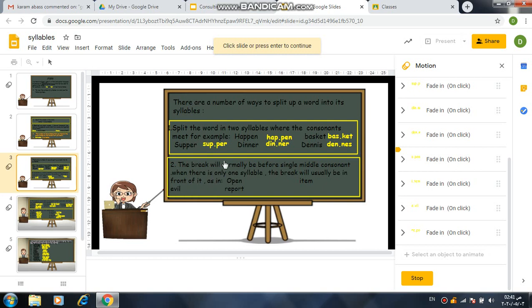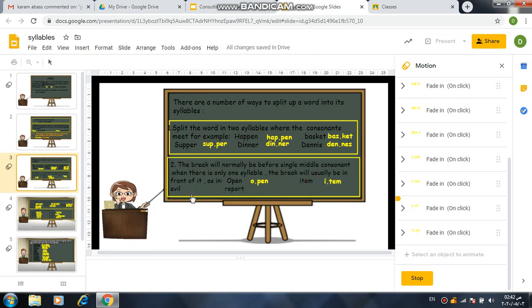That means if I have one consonant between two vowel sounds, look at open, P is between two vowels, we split between them, and we will start with the consonant sound P. So it will become o-pen. Item, T is between two vowels, so we will start the second syllable with T, and I will be the first syllable.